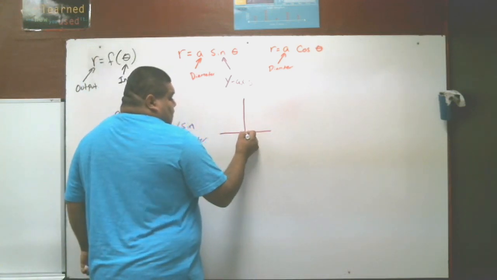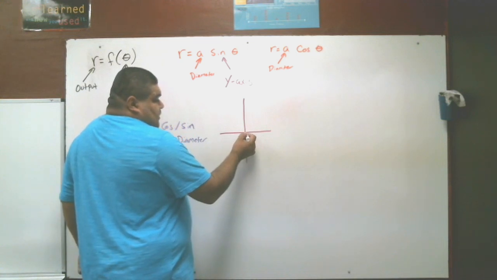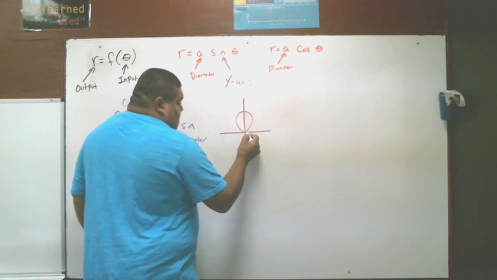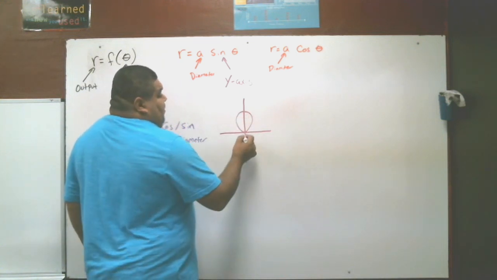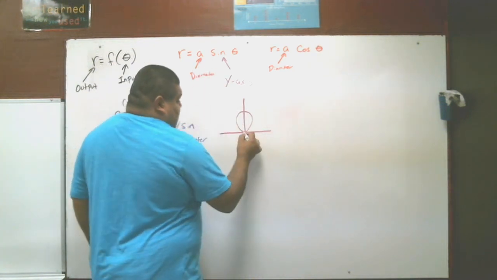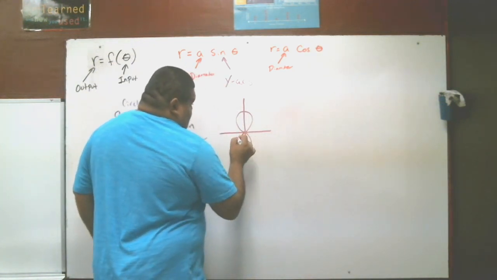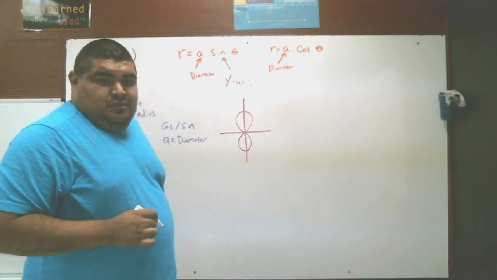It's going to go from the center, from the origin, and open either up, or if it's a negative a, then it's going to open down.